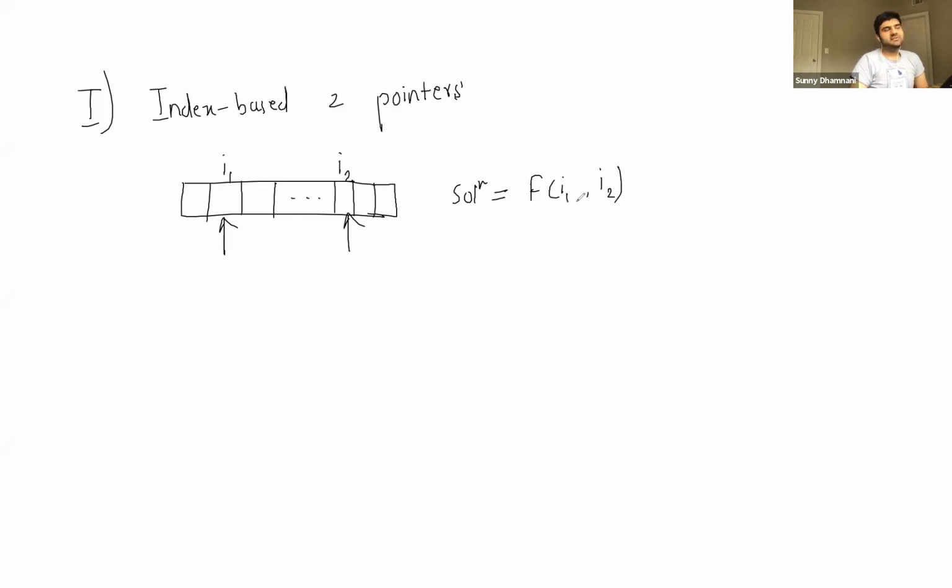So whenever anybody gives me these two elements, I can give one of the solutions for the problem. That's how you would think about index-based two pointers. Now I'll give you an approach, step by step, for how you would actually solve a problem, and then we will see with an illustration how to apply those steps.